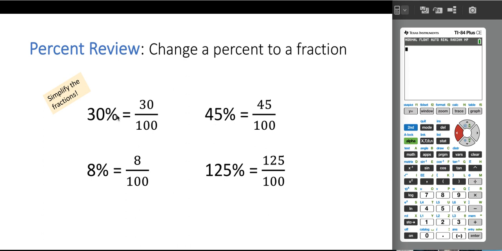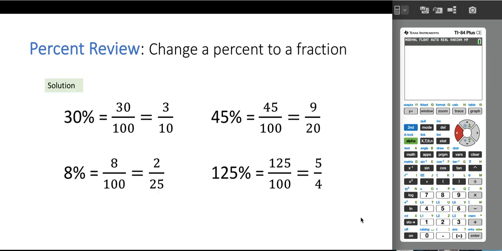So 30% is saying 30 parts of 100. 45% is 45 parts of 100. 8% is 8 parts of 100. 125% is 125 parts of 100. Now remember, you want to simplify all these fractions. So here are the answers simplified. 30% is 3/10, 45% is 9/20, 8% is 2/25, and 125% is the same as 5/4.